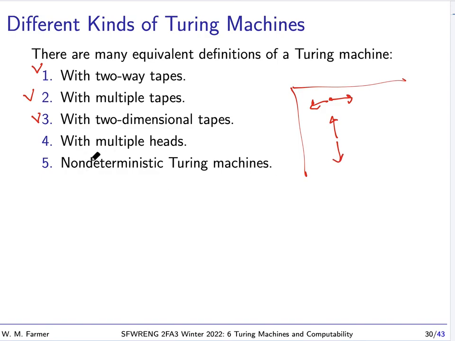And we can have tapes where we have multiple heads, and Turing machines that are non-deterministic. So there's many different kinds of Turing machines. And almost all of these are going to be equivalent. If one Turing machine will accept a language, then another Turing machine will accept the same language. So they're equivalent in that sense.